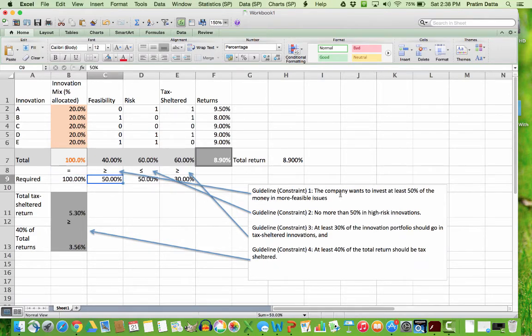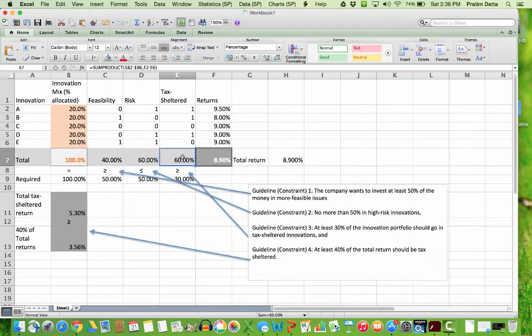Feasibility. They've said that the company wants to invest at least 50% of the money in more feasible issues, right? So you want 50% or more of your money to go into more feasible type of innovations. Right now it's 40%. Next, your risk. You want the percentage of your risky innovations to be less than 50% of your entire innovation portfolio.